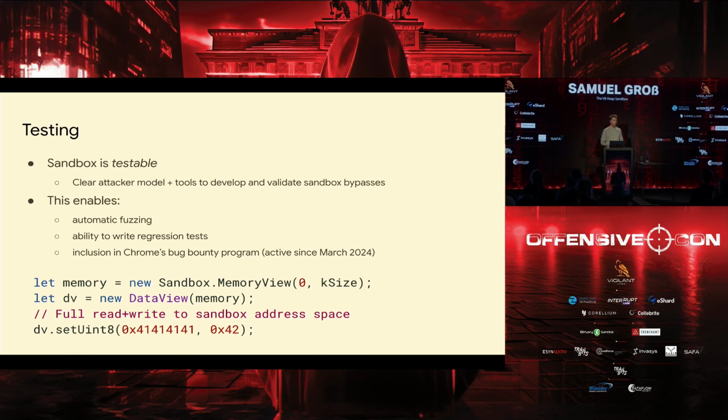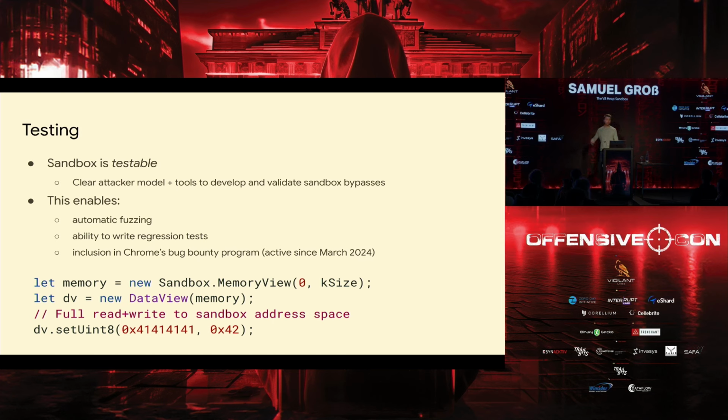It's kind of funny. And most importantly, it allows this thing to be included in the bug bounty program. March or April, I don't know, the thing got included in the bug bounty program in an early mode, I would say.